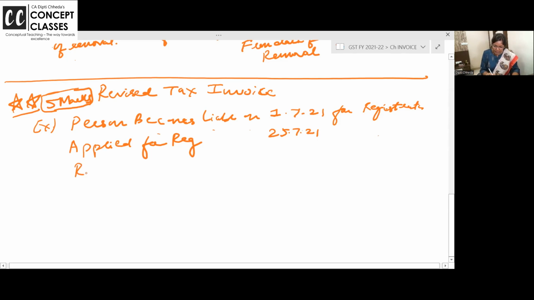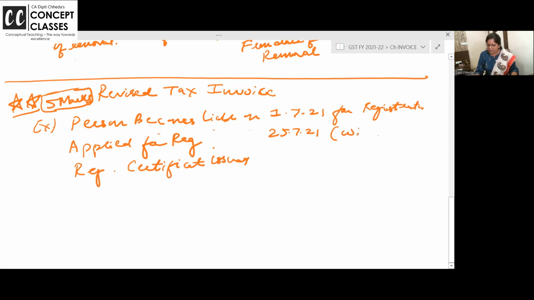Okay, registration certificate issued within 1 month. Within 1 month of becoming liable. You remember? If you apply within 1 month of becoming liable, then your registration certificate is issued on say 27th July.